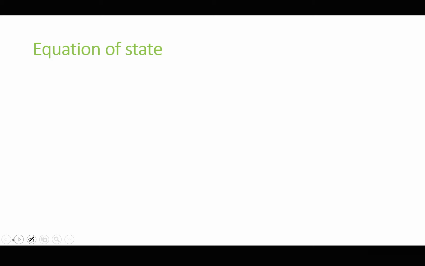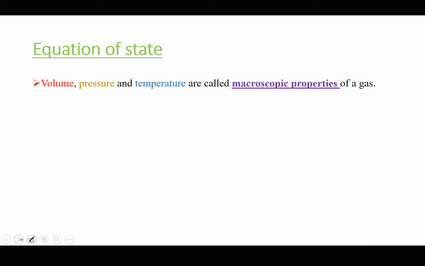So these are said to be large quantities because they can easily be observed and measured using a specific instrument. We call them macroscopic properties of a gas.